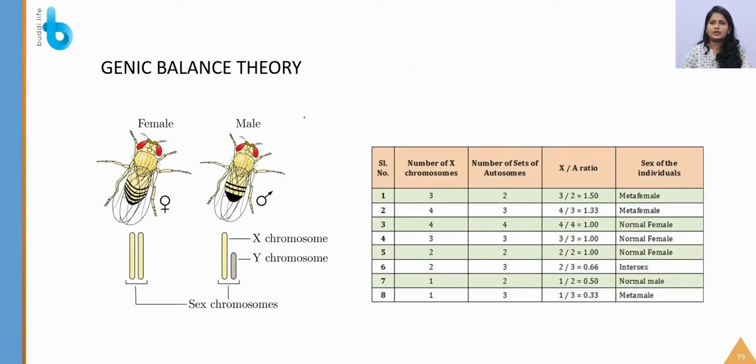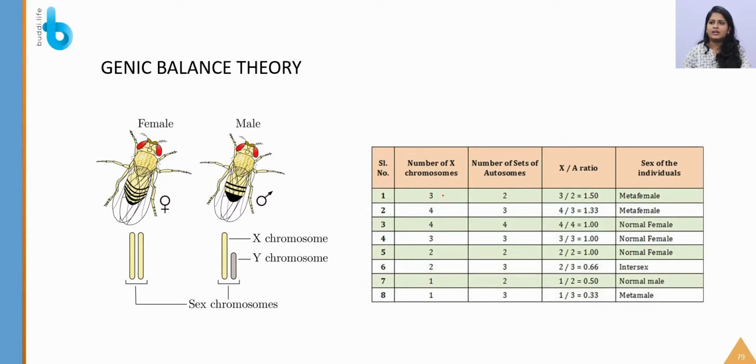In Drosophila also, the species contain X and Y chromosomes, but the sex is determined by a mechanism called the genic balance theory. How the genic balance theory works is by a ratio. It is the number of X chromosomes divided by the number of sets of autosomes that are present.